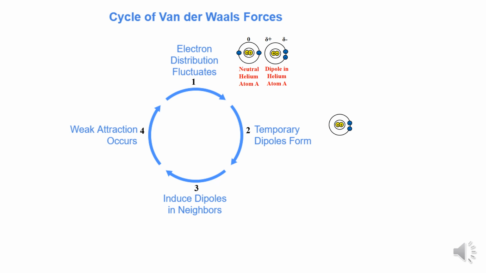Now, after the dipole is developed, you can see there is unsymmetrical distribution of electrons in the helium atom with a dipole. Whereas in case of neutral helium atom, you will find that there is symmetrical distribution of electrons. Now we have a helium atom with dipole.